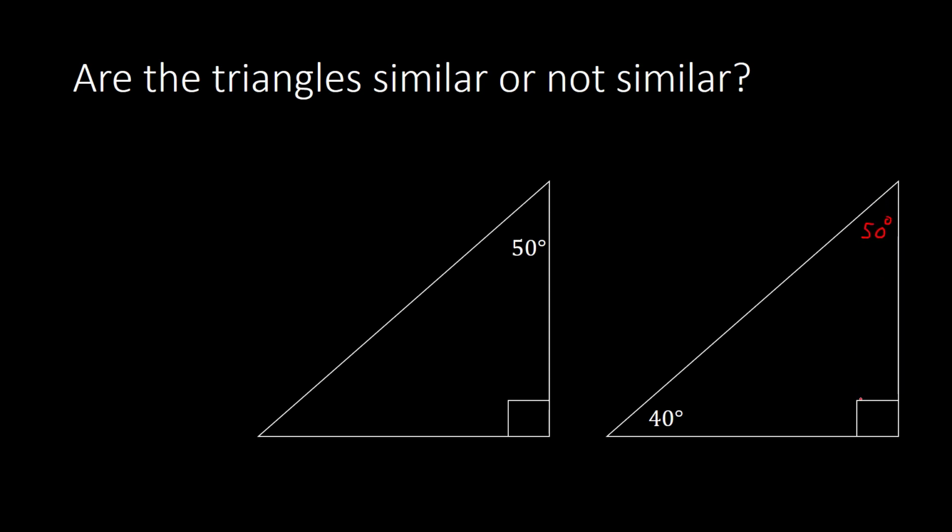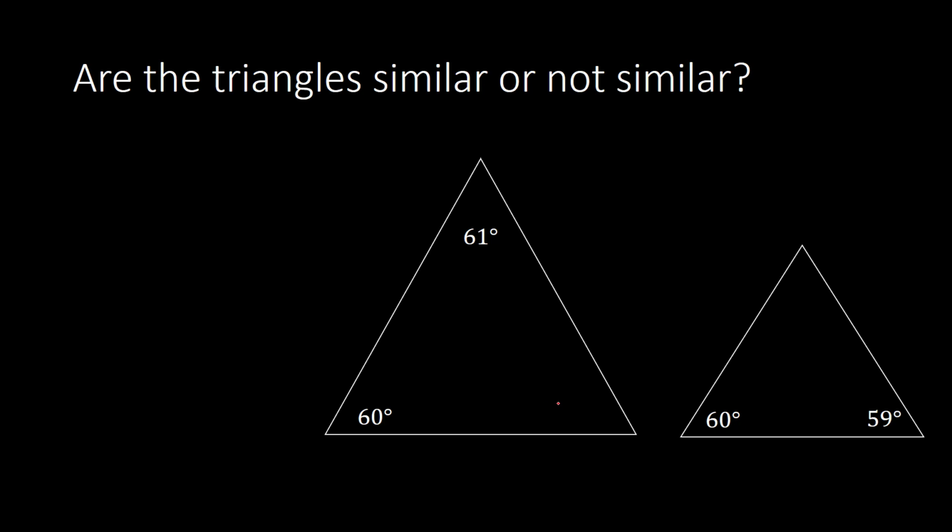And notice that we have the right angle and then this angle that are congruent with the right angle, and then this angle for the other triangle. So because we have two angles that are congruent, we do have similar triangles. And also because we have two angles that are congruent, this third angle would also be 40 degrees, same as over here. So yes, these would be similar, and that's because of the angle-angle postulate.